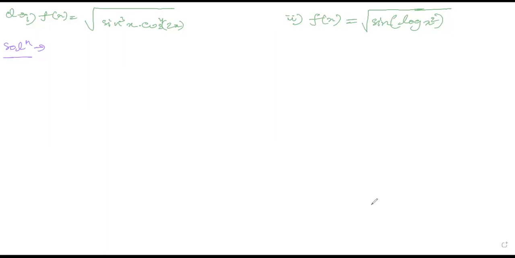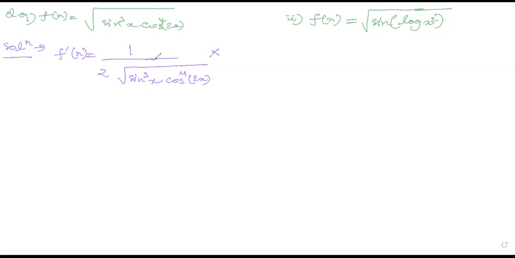Let's start by dealing with the power first. So f dash x is equal to 1 by 2 root, and inside will be the same quantity as given.